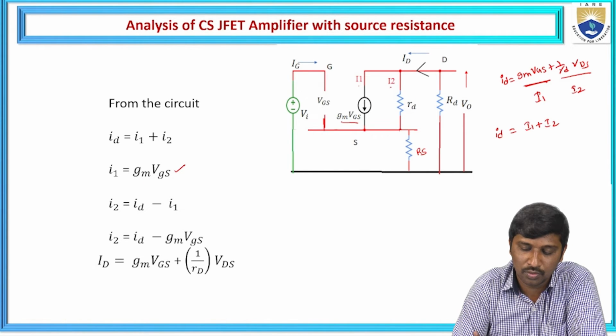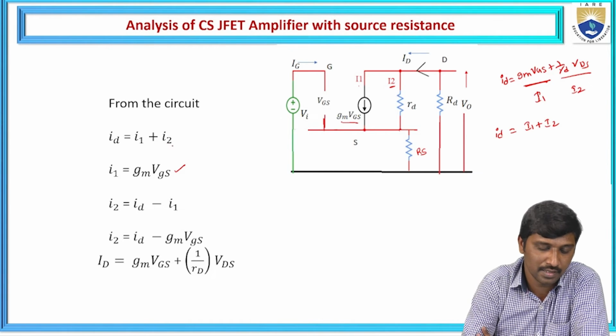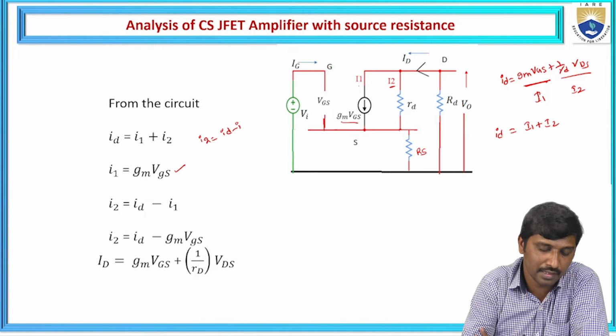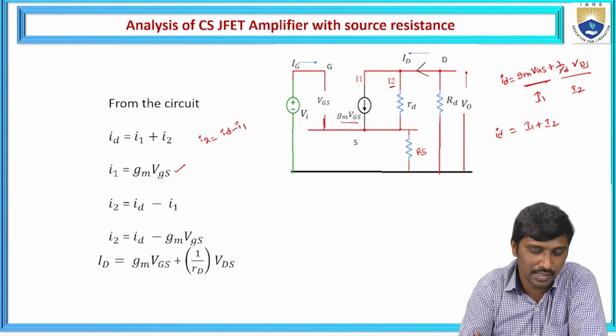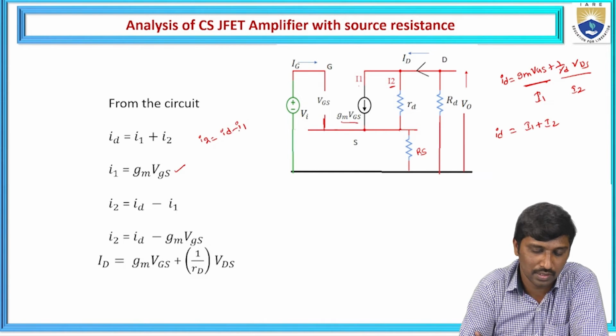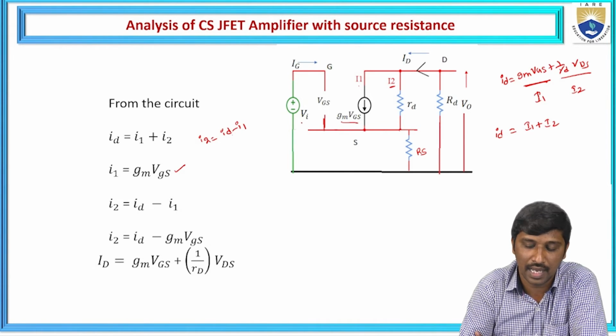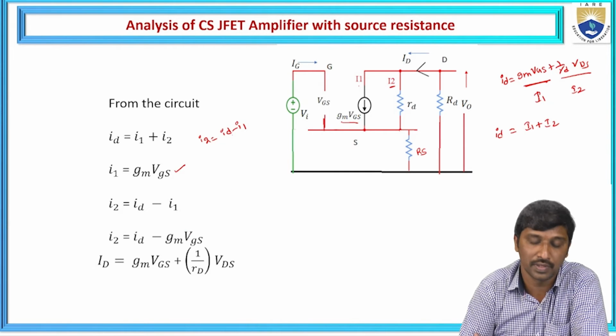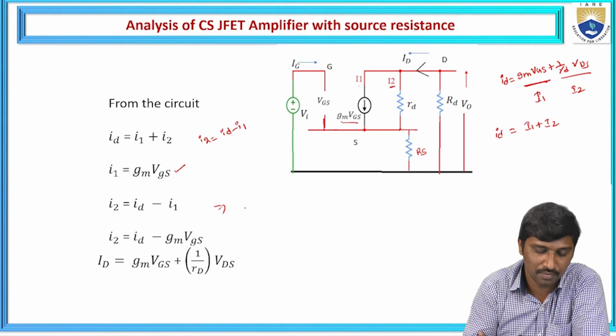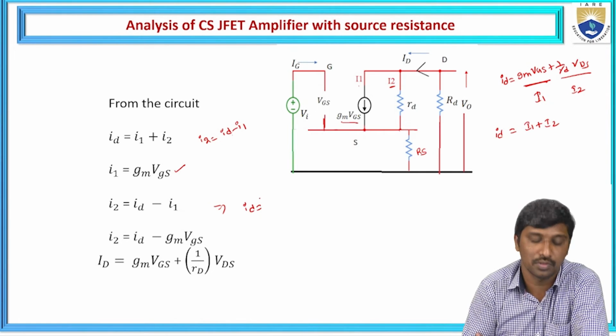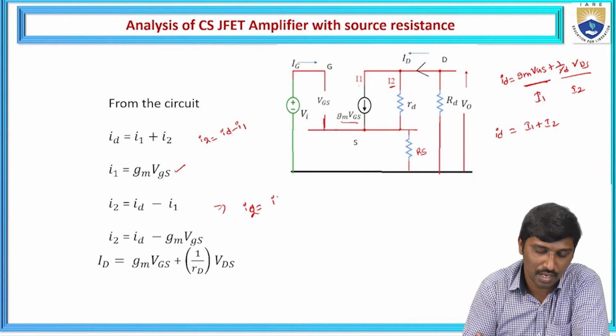Suppose we want to identify I2 from this current. I2 is equal to ID minus I1. Since I1 is Gm into VGS, I2 is ID minus Gm into VGS.